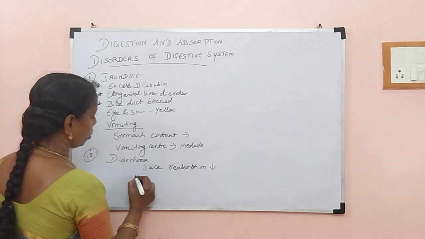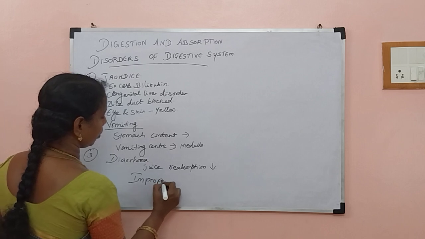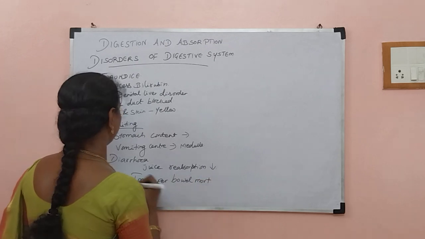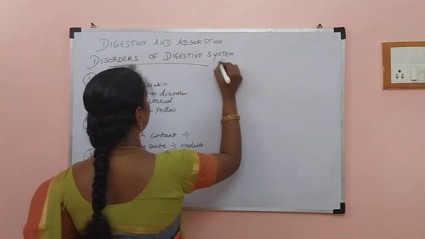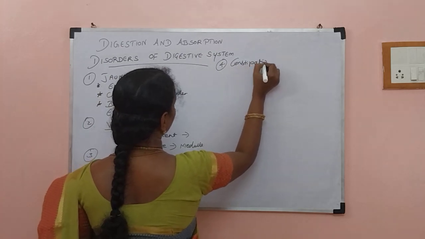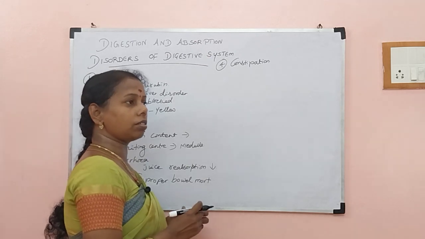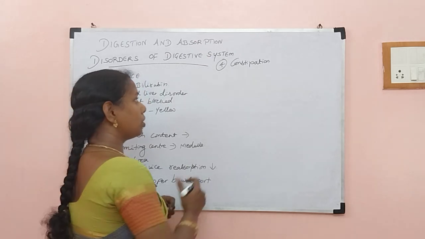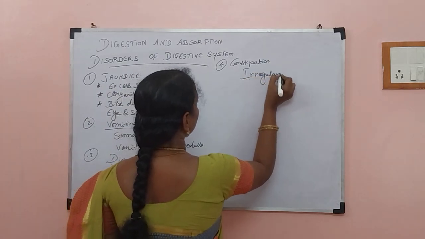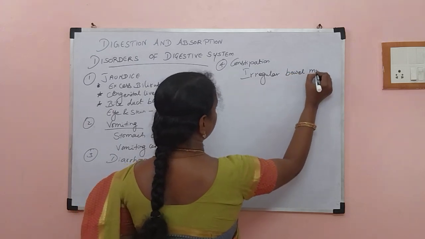Of course, it leads to improper bowel movement. Then the fourth one is constipation. In constipation, the peristalsis in the rectum is stopped. Of course, it is irregular bowel movement. Please understand irregular and improper. So irregular bowel movement leads to constipation.